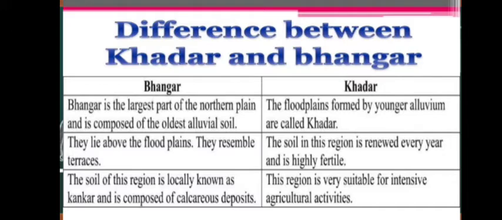Now if we talk about Khadar, the floodplains formed by younger alluvium are called Khadar. Let me tell you why this is called young alluvium. Basically, the Khadar belt lies in the floodplains, the area in which flood occurs every year.